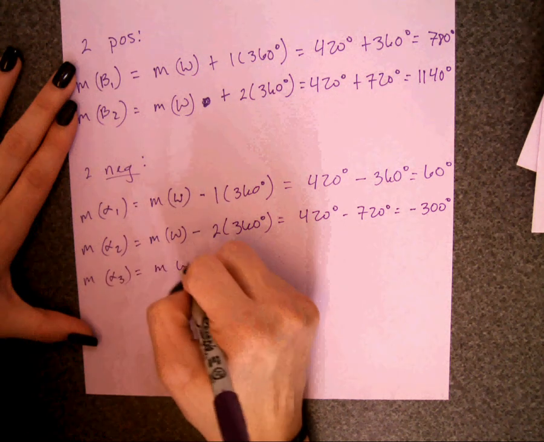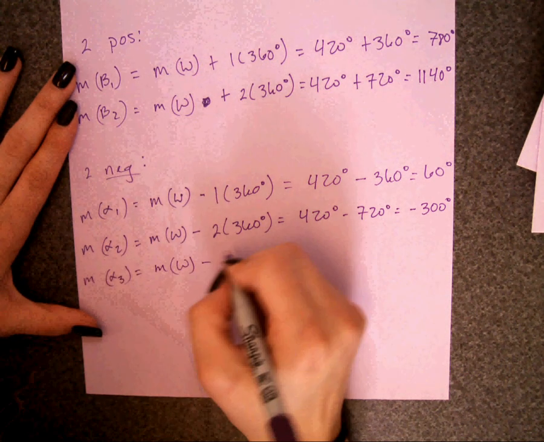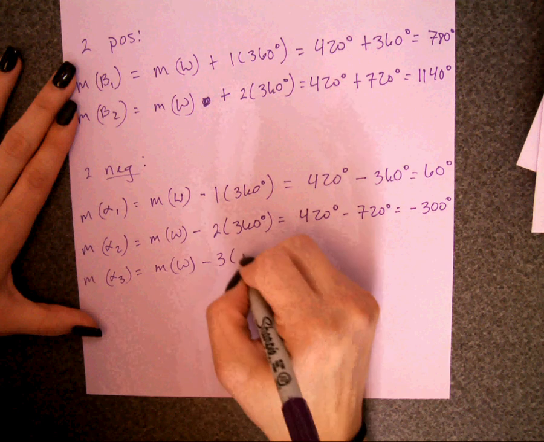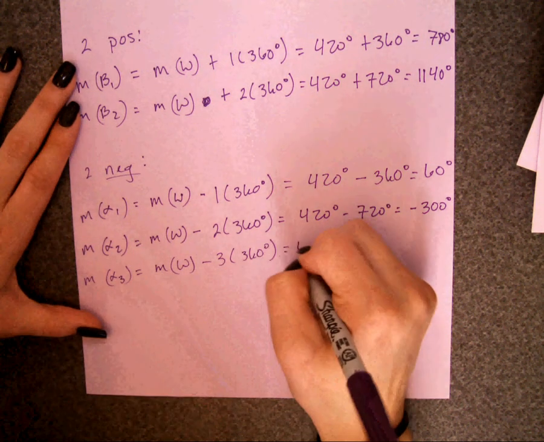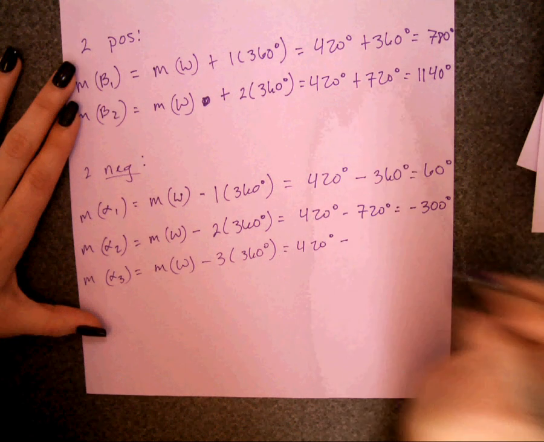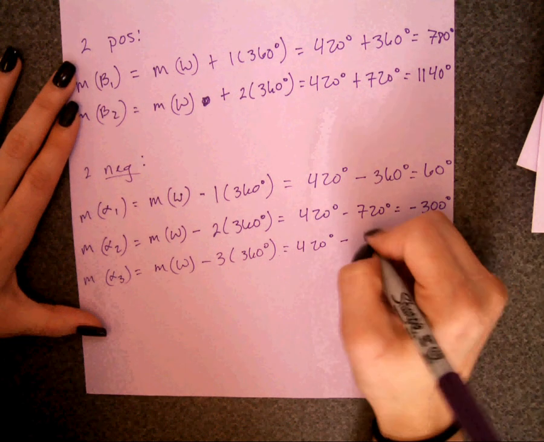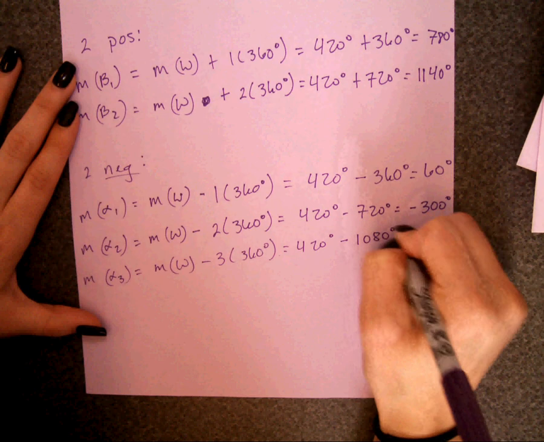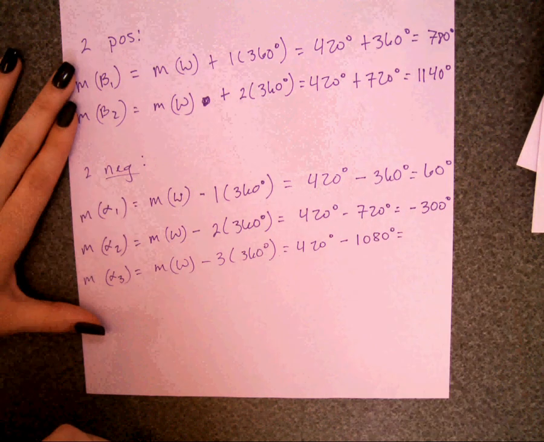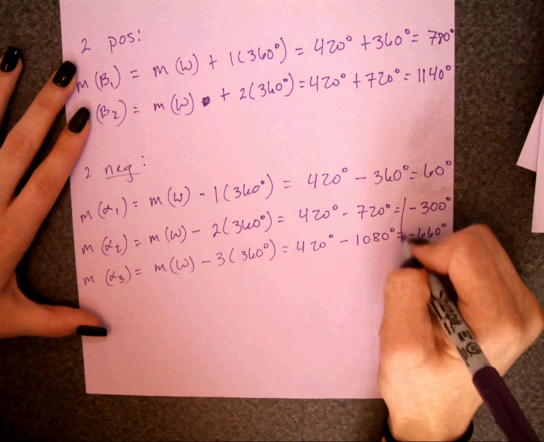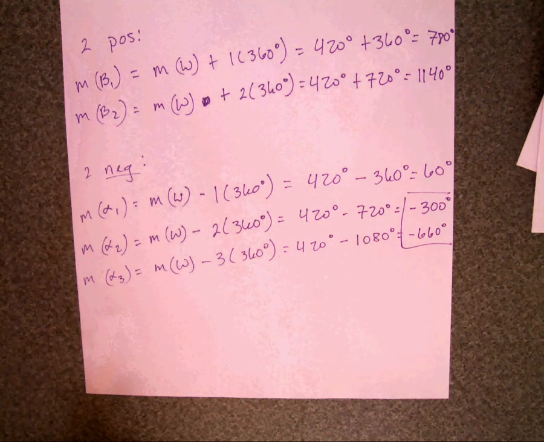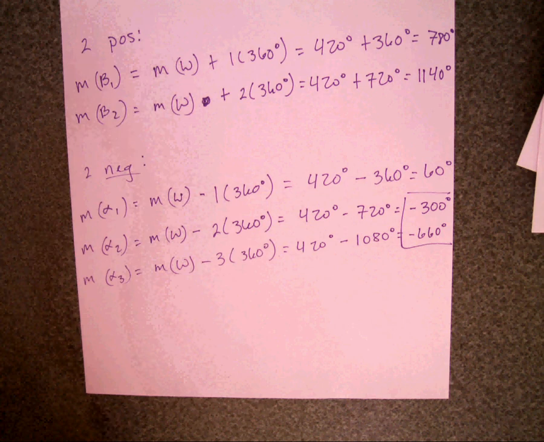My original angle, minus a third trip around the circle. So I get 420 minus 1080, I had to think about that, which is going to give me negative 660 degrees. So here are my two negative coterminal angles. And that is all of 1.1.